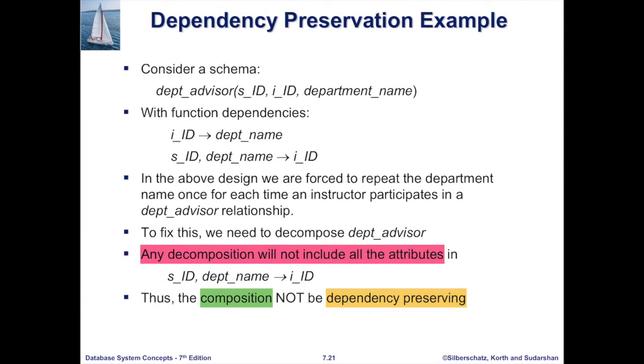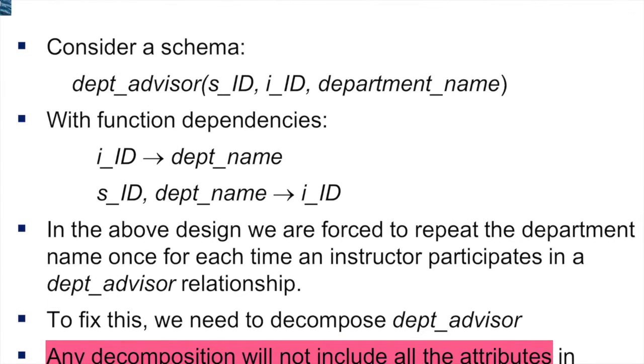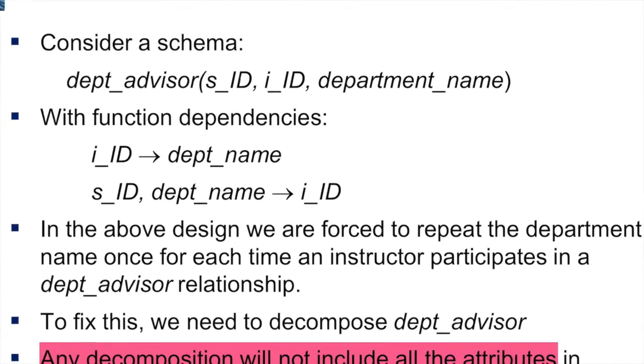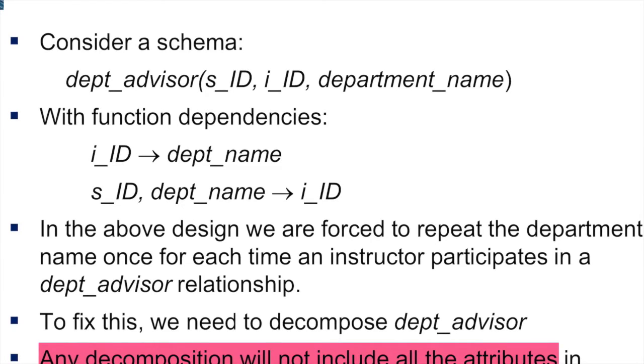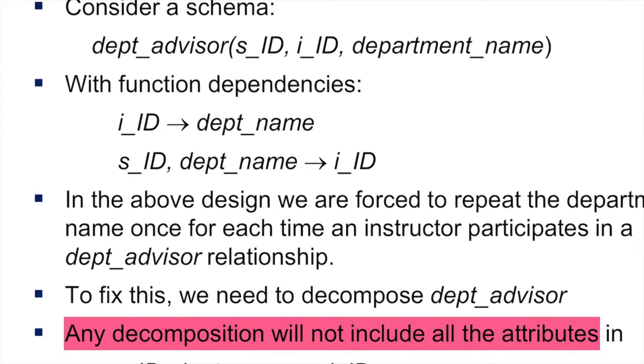So consider this schema department advisor with function dependencies as listed below. So meron tayong I_ID for the instructor ID. So we also have the student ID as the S_ID.